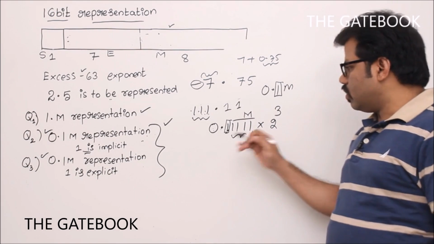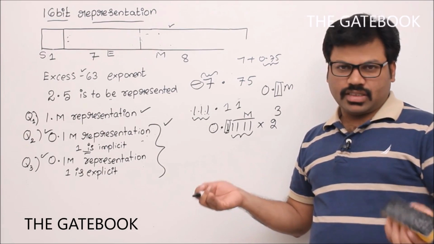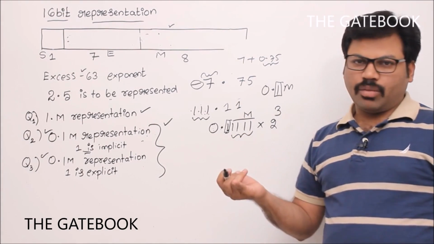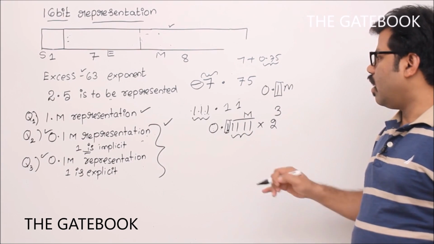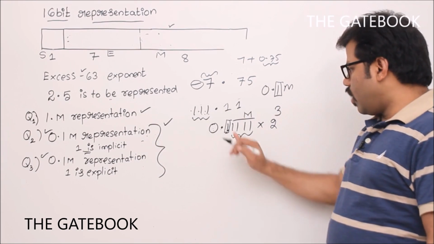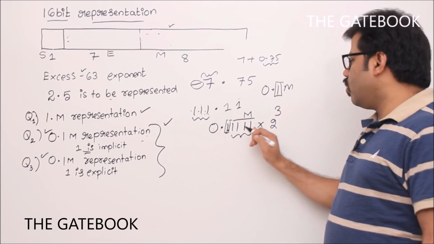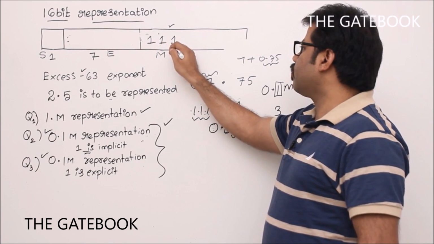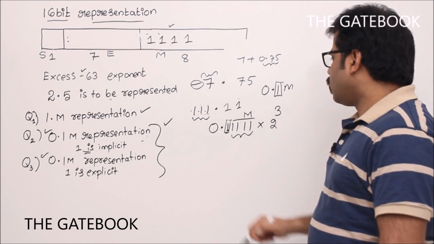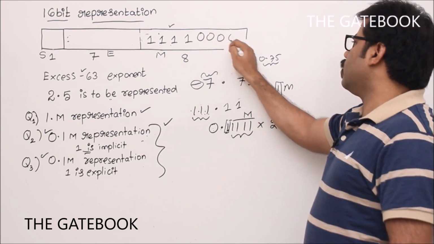So this is nothing but normalization, so that you always have a unique representation for 7.75 if you do like this, correct? Now in this model, 1 is implicit, then the remaining thing is 4 ones. In the mantissa part you write now only those 4 ones. Fine. What about the remaining 4 zeros?